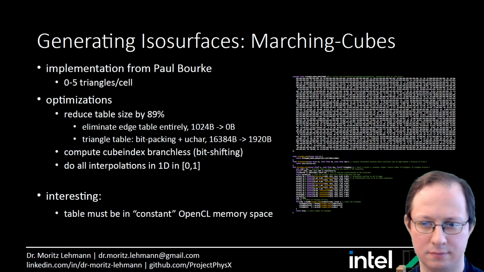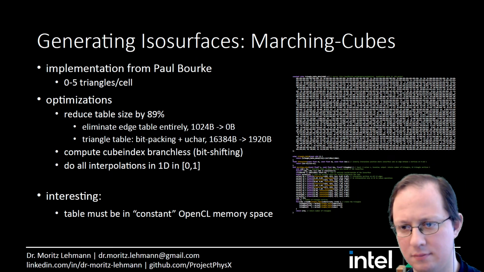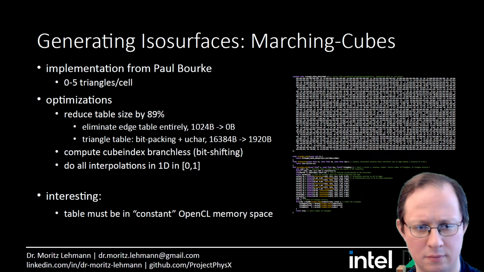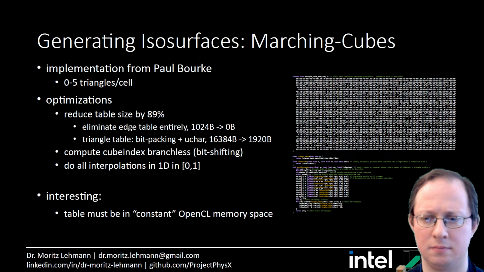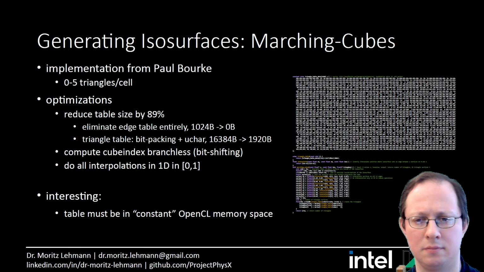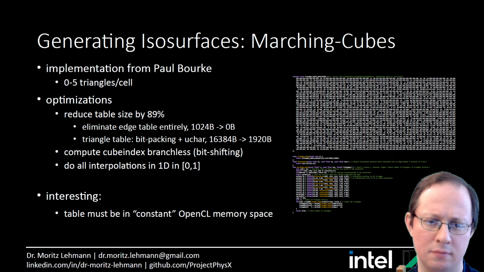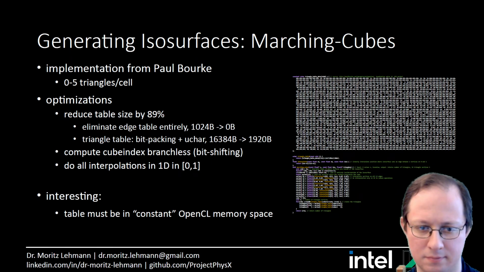The triangle table itself is kind of huge. In the original implementation by Paul Burke, it was even bigger, as all of the values were stored as integers. I compressed it down a little bit by using the 8-bit char data type, and I also bit-packed every 2 values into 1 byte, because the range is only from 0 to 11 plus an out of bounds case.